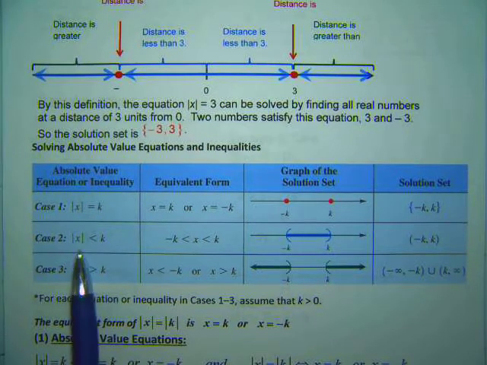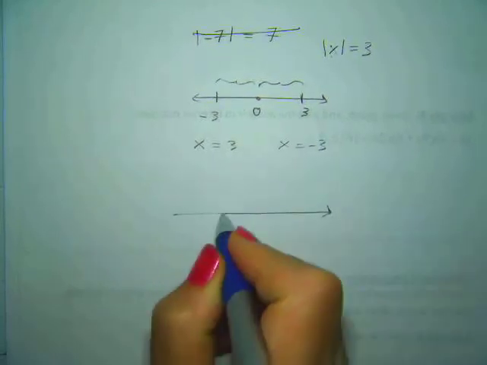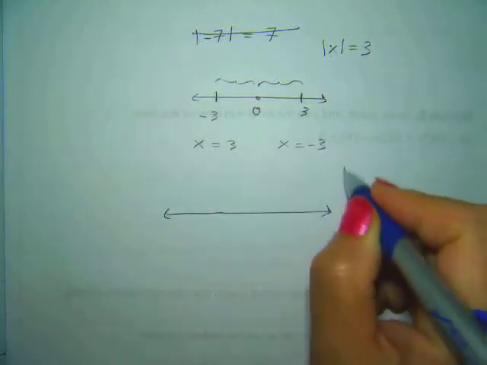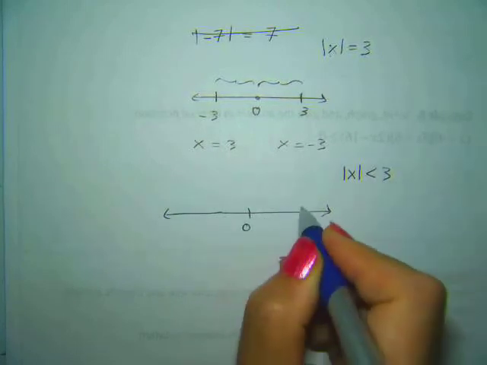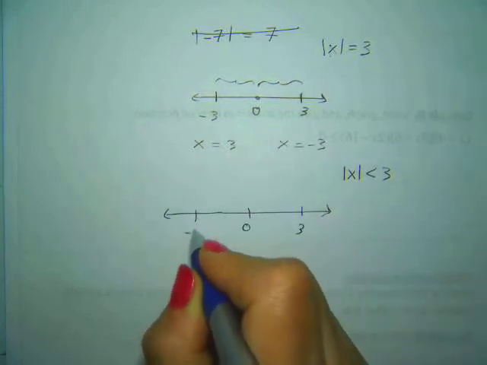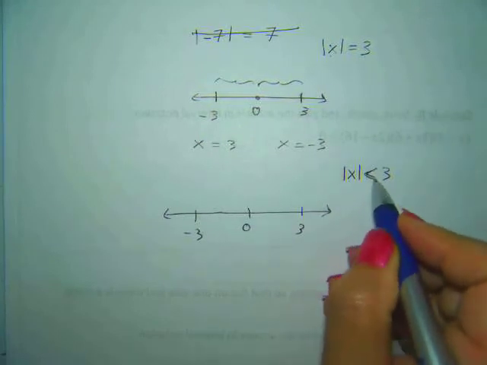Remember the meaning of the absolute value. We just said the absolute value means the distance from zero. So now if I go back to my scratch paper and talk about what happens when the absolute value of x is less than, this time, 3 units. What do I mean? I'm saying that the distance from 0 is less than 3 units.